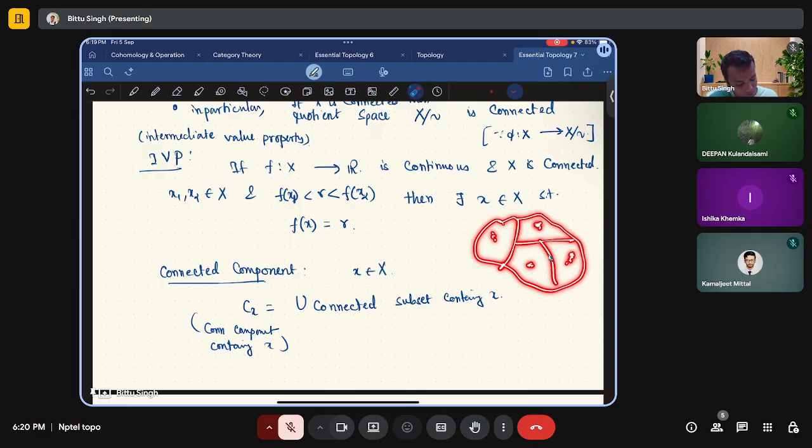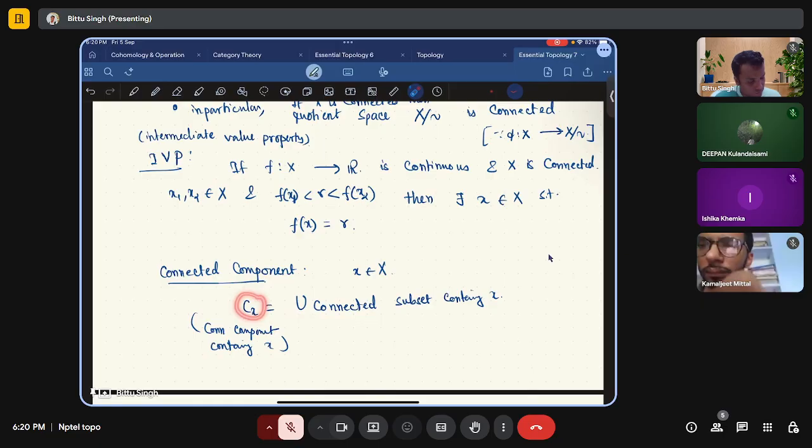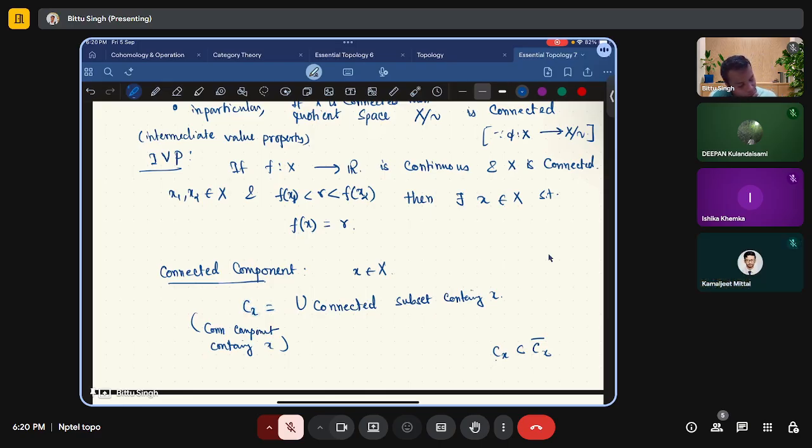And another interesting property is that this connected component Cx is always a closed subset. Why is it closed? Because the closure of Cx always contains Cx. But we already know that if a set is connected, then its closure will also be a connected set, right?